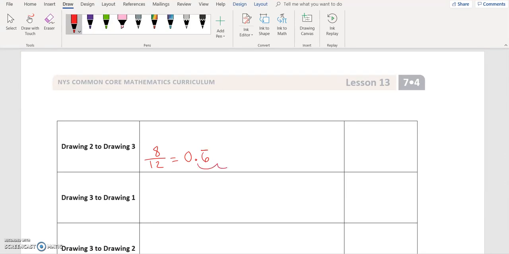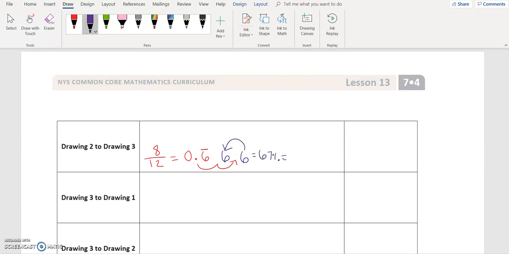Move the decimal 2 places to the right. Now remember, this 6 is repeating on forever, so when we fill that spot in, it's another 6. Also, there's still another 6 behind there, so if we're going to round it, that 6 rounds this 6 up, so we can say 67%.